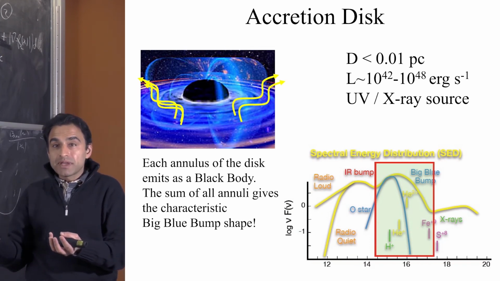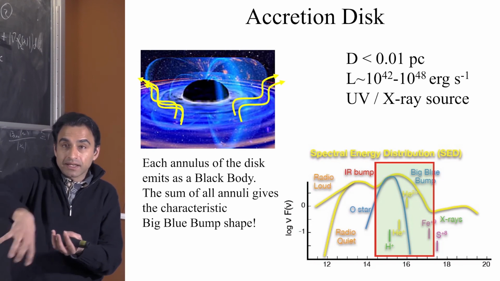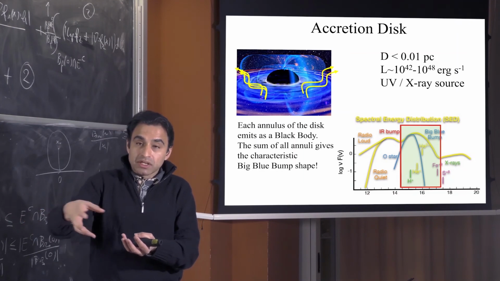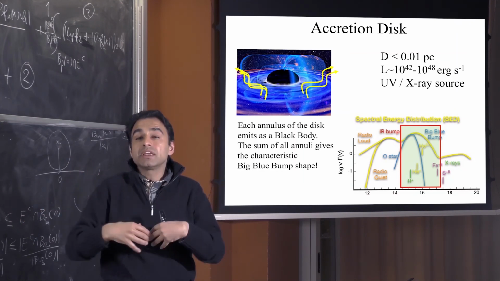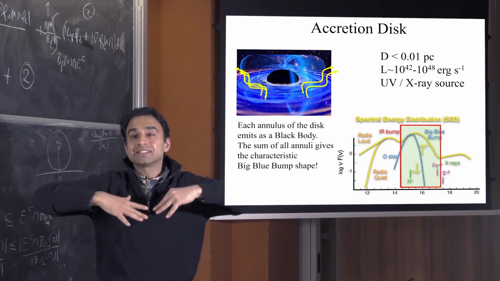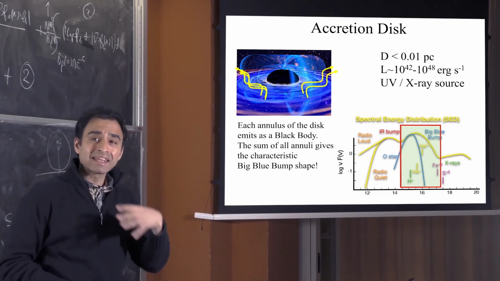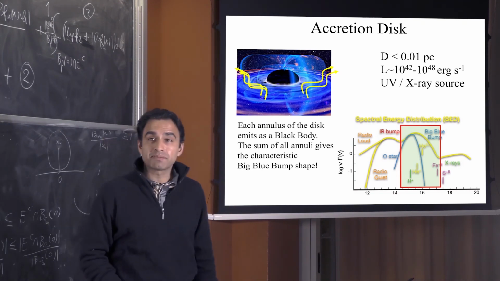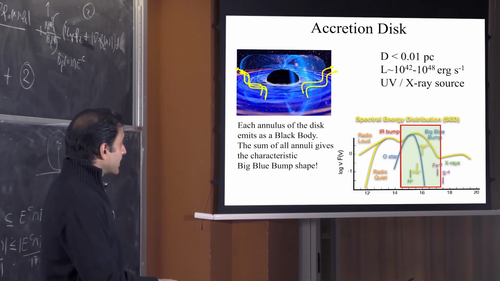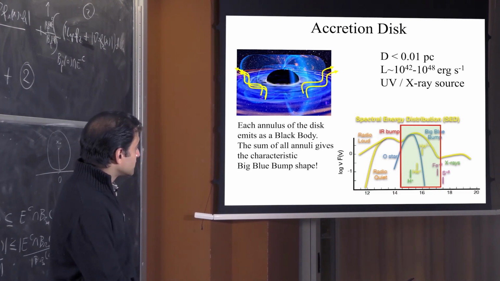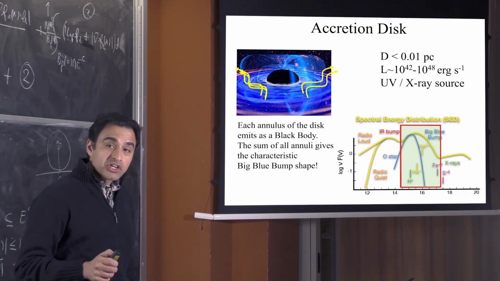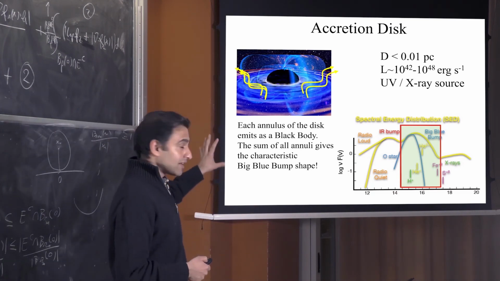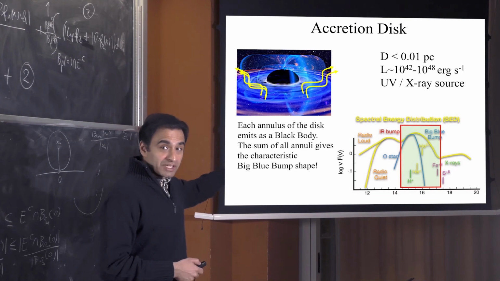Because of conservation of angular momentum, this gas will create an accretion disk, and through friction, some of the potential energy and kinetic energy will be transformed into heat and eventually light that is transmitted away. And this light is a lot of energy that can explain a big chunk of our observed spectrum in an AGN. But what about the rest? What's producing this part of the spectrum and this part? The accretion disk will not be able to explain this part and this part. You need something else. So this is a very convincing model, but it's not enough. We need something else.